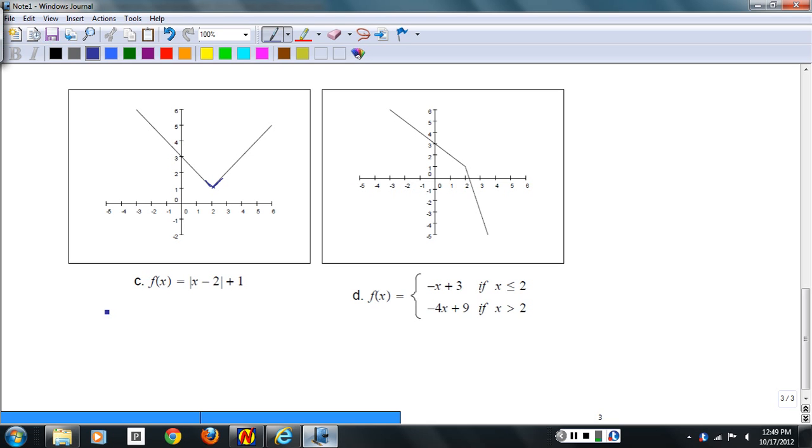So I'm going to say f is not differentiable at x equals 2. So 2 is a critical number.